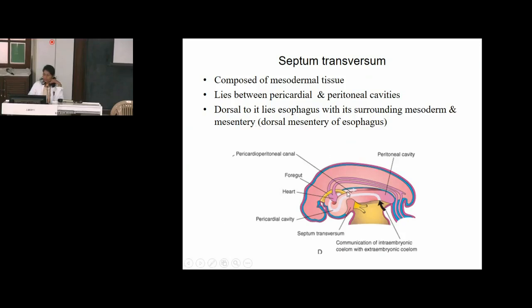Dorsal to it we are getting the gut, the foregut. This primitive gut has the dorsal mesentery towards the dorsal side, and that is forming the dorsal mesentery of the esophagus. At what place? Towards the septum transversum. Where we get the septum transversum, we get this dorsal mesentery of the esophagus.